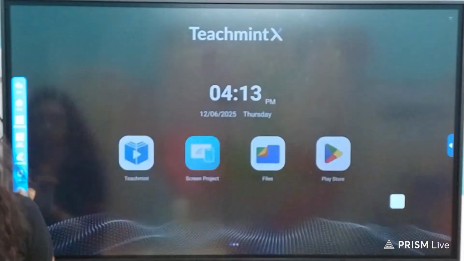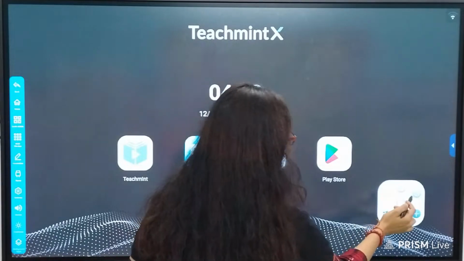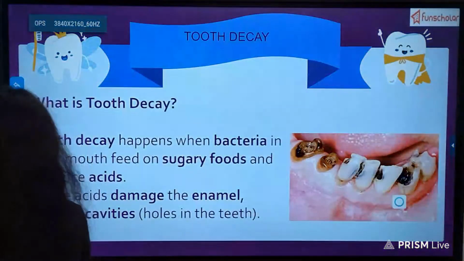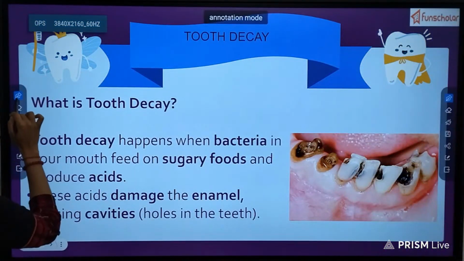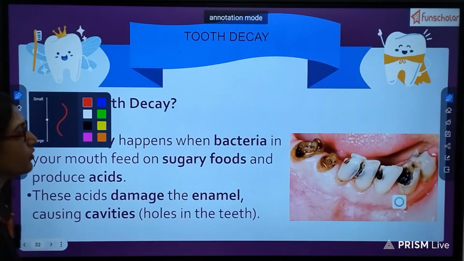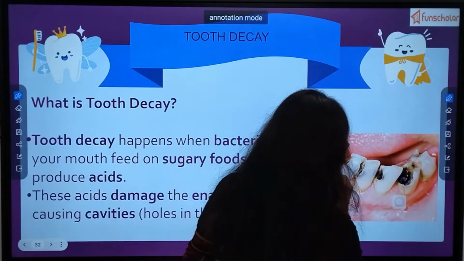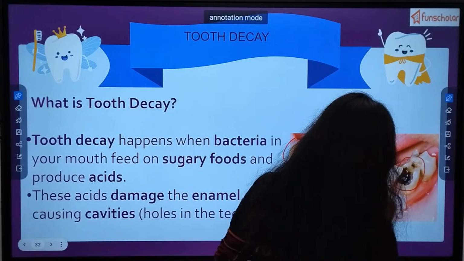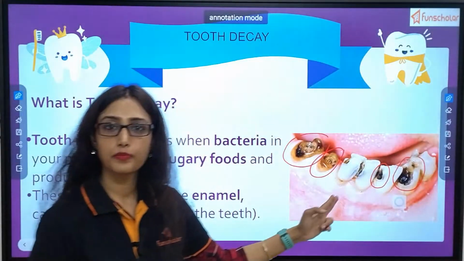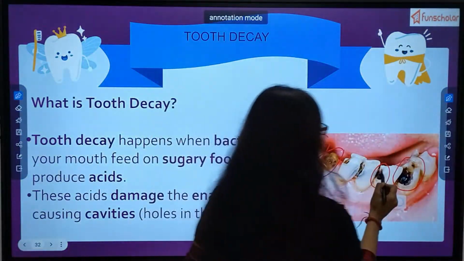Now, what is tooth decay? You often eat, just see this teeth. See what is happening? The enamel is being damaged here, right?